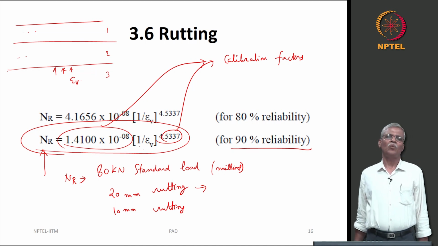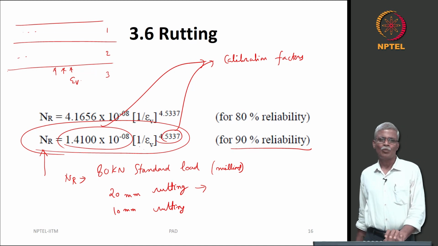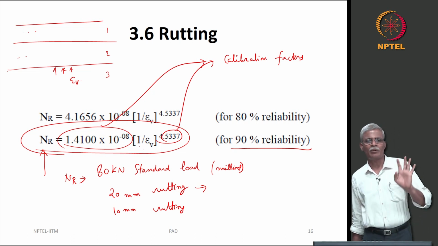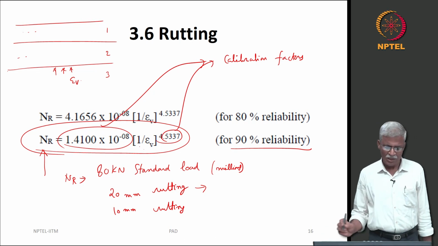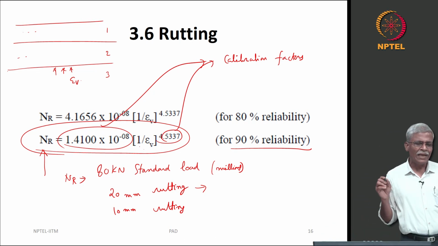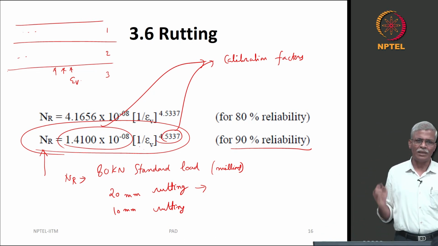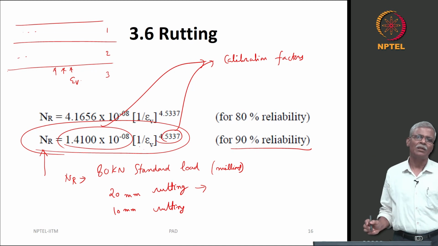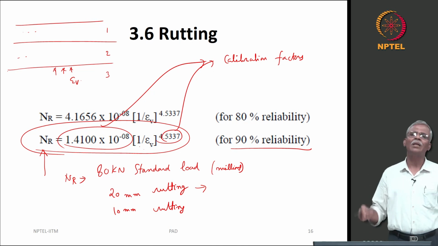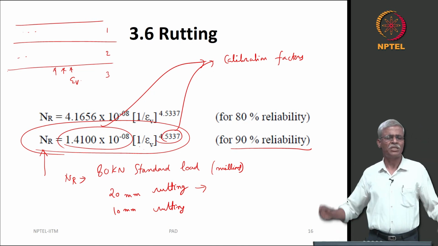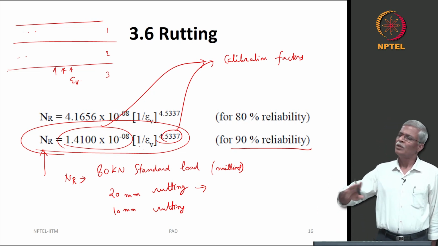Now, tell me what is the mechanistic portion here, what is the empirical portion here. The mechanistic portion is assuming a layered linear elastic theory and computing the vertical compressive strain on top of the subgrade. Straightforward procedure.